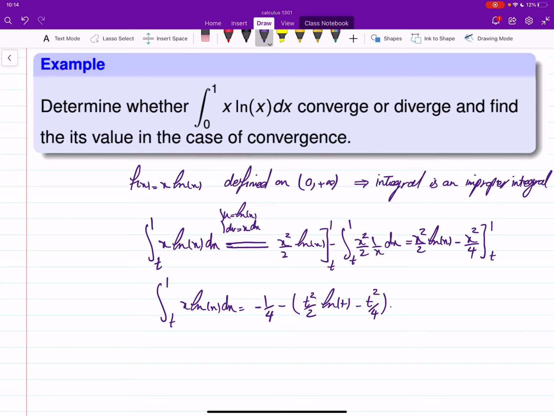Now we want to find the limit of this as t goes to 0 from the right.